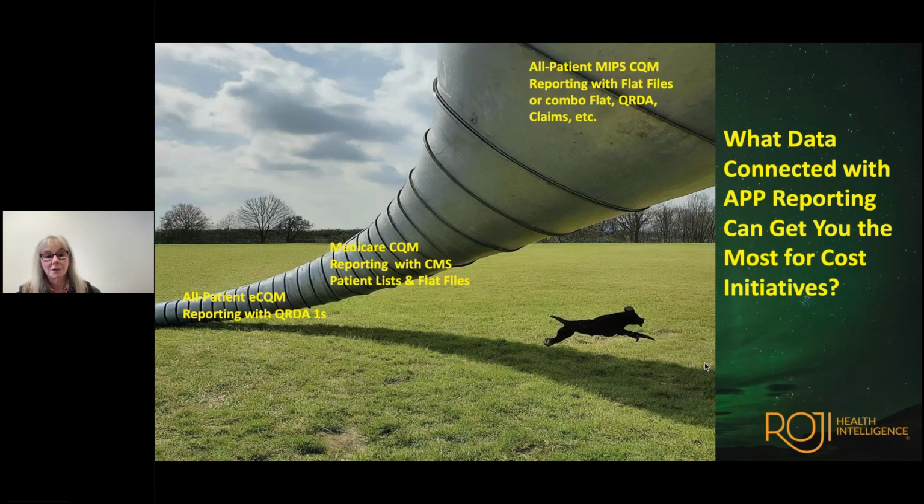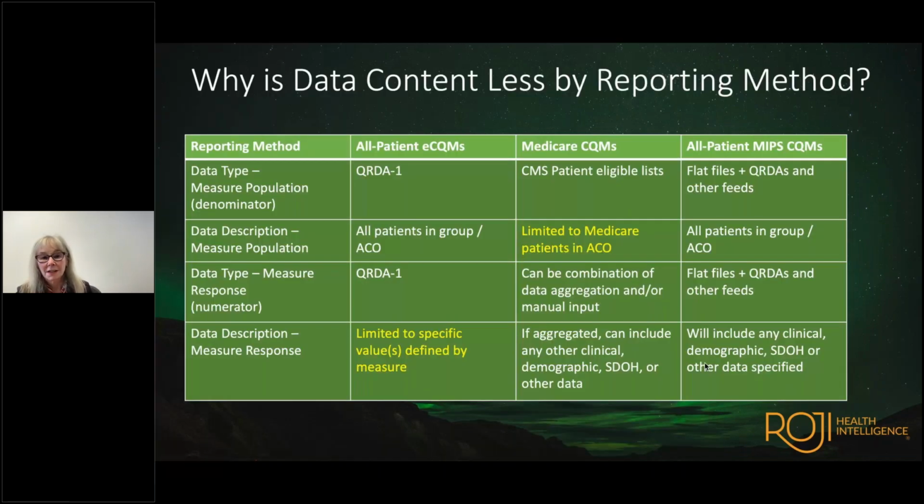with all patients obviously being much larger. So looking at that same data content in a tabular format, QRDA1 will report on all patients in the group, but very limited value to the actual data file. Medicare CQMs report on a smaller number of patients in the ACO, but it could potentially include just about everything, as it does when we aggregate data.